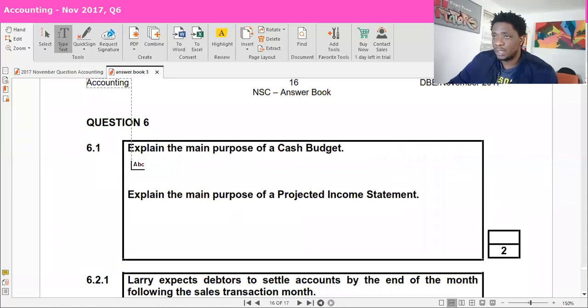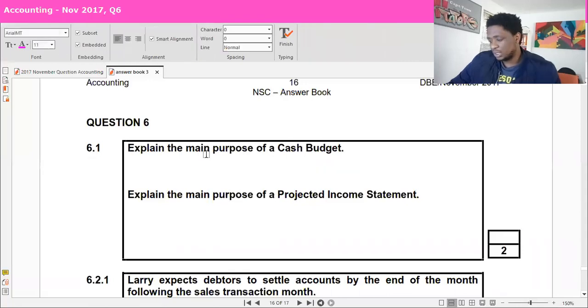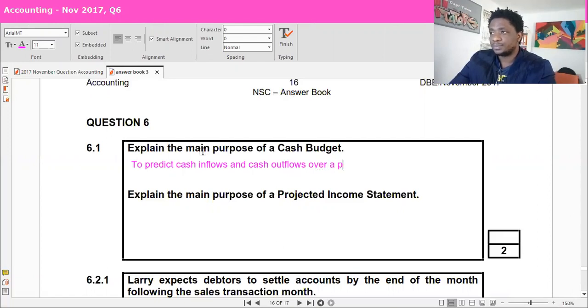So the main purpose for doing the projected cash budget is to predict the cash inflows and cash outflows over a period of time.